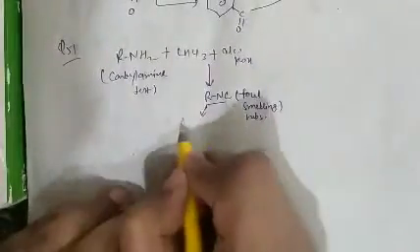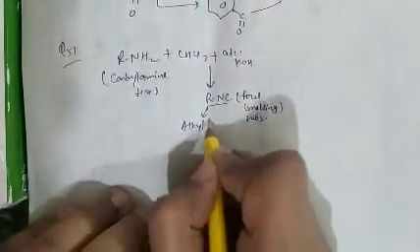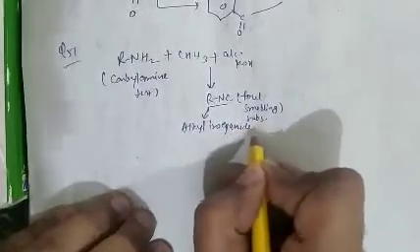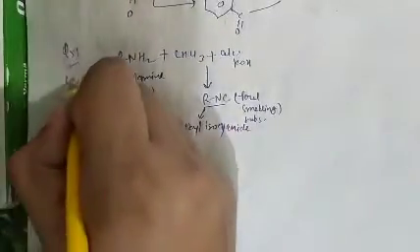And this compound is known as alkyl isocyanide. So question number 51, option D is correct.